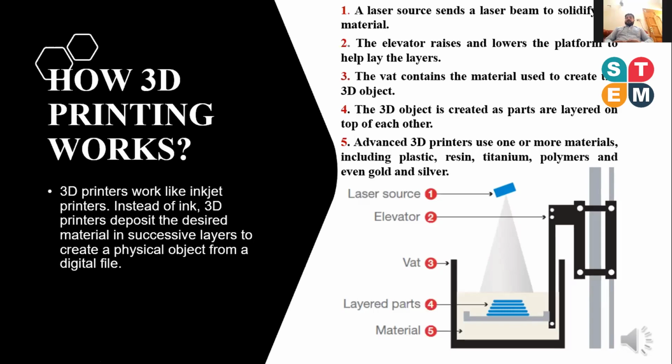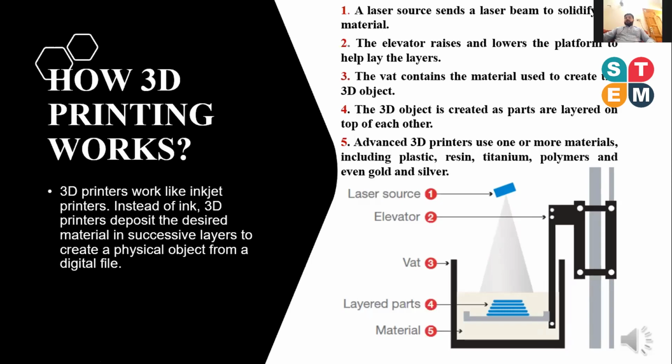The function of the laser is to solidify the material, which is usually a photopolymer resin. The elevator raises and lowers the platform and helps to lay the layers. The vat contains the material from which the 3D object will be produced.